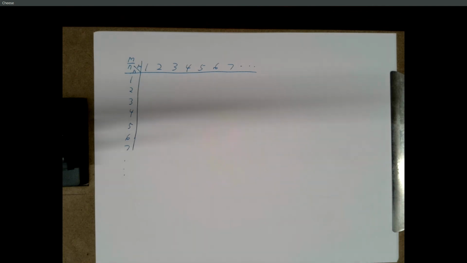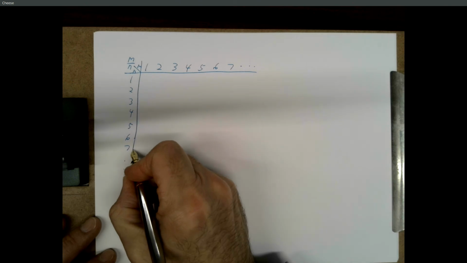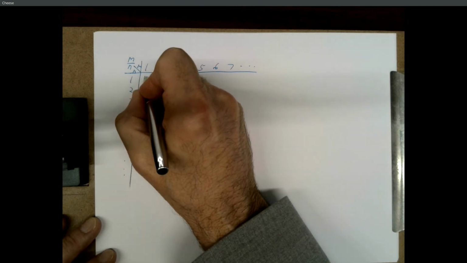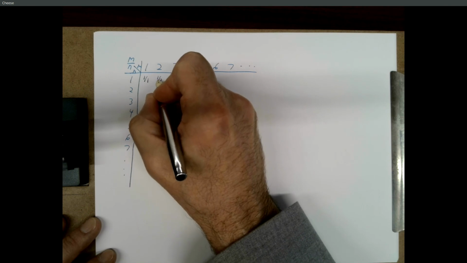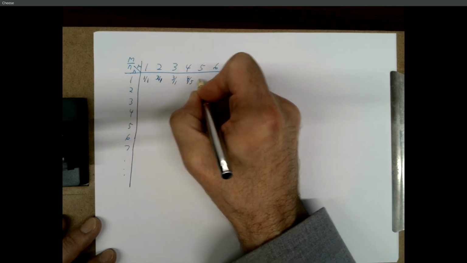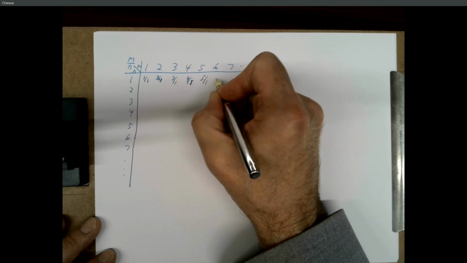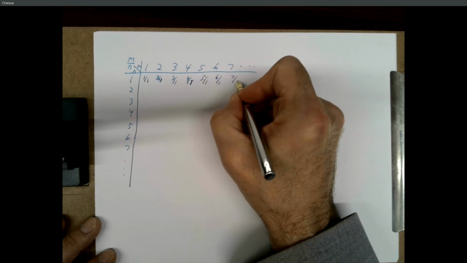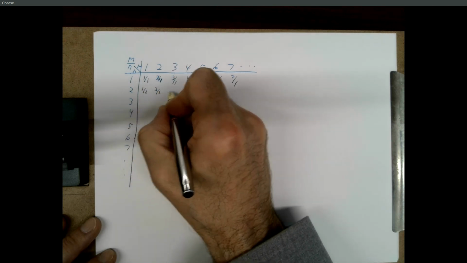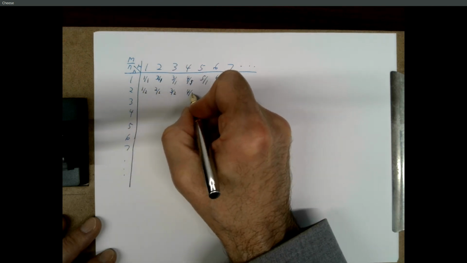But we know if we can say something about the set of positive elements, we can say the same thing about the positive and negatives together, because we're just doubling the number of elements. So I'm going to write down the fraction corresponding to this m and this n. So this is 1 over 1, this is 2 over 1, 3 over 1. And the second row is 1/2, 2 halves, 3 halves.